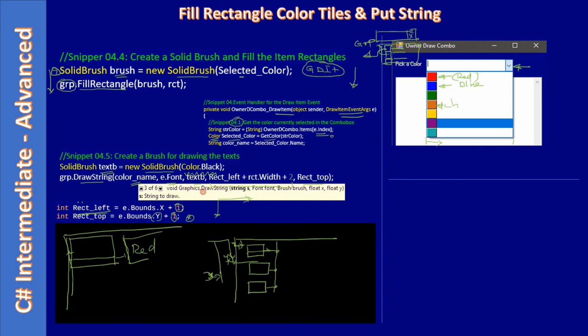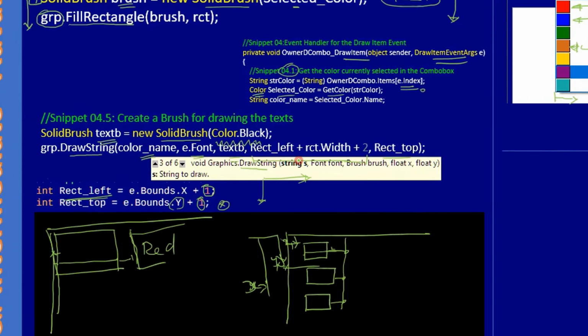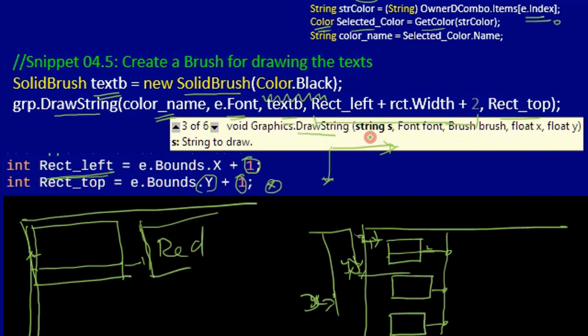And here are the DrawString API parameters. This is the overload we are using. First is the string, we are passing the color name. Second is the font, we are taking it from our event args itself. The third one is a brush we already constructed with the black color. Then float x and float y decide the location of string drawing.